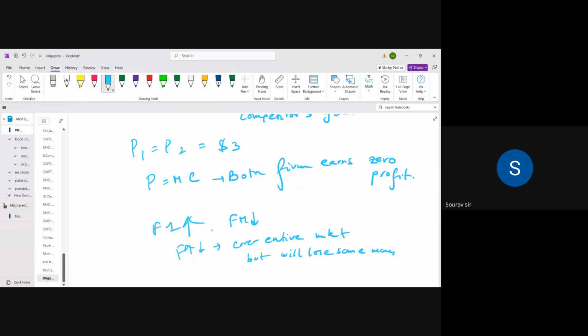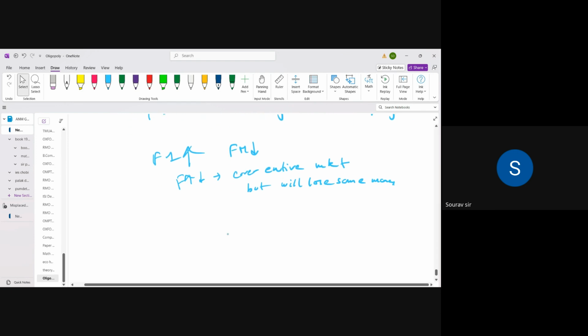Now, why can't there be a Nash equilibrium in which firms charge the same but a higher price, say $5 instead of $3? Because at such a price, each firm would want to undercut its competitor.